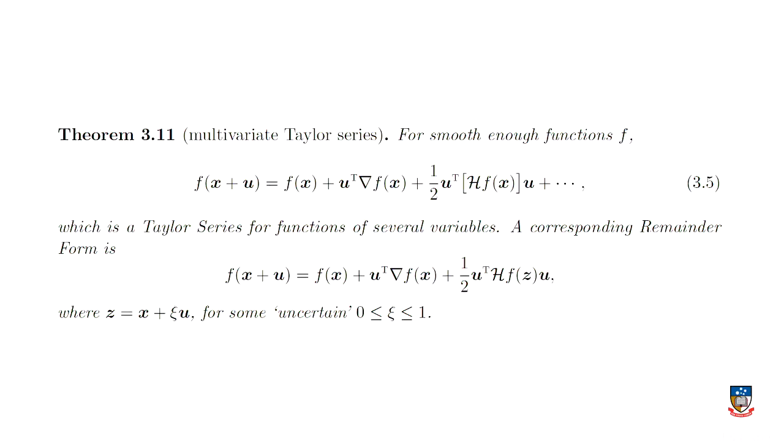Now it looks scary because it's got gradients. It's got a gradient in it, and it's got a Hessian in it there. But if you think about the gradient being a first derivative and the Hessian being a second derivative, then the form of this is exactly the same. That's a second derivative of f times u squared divided by 2.